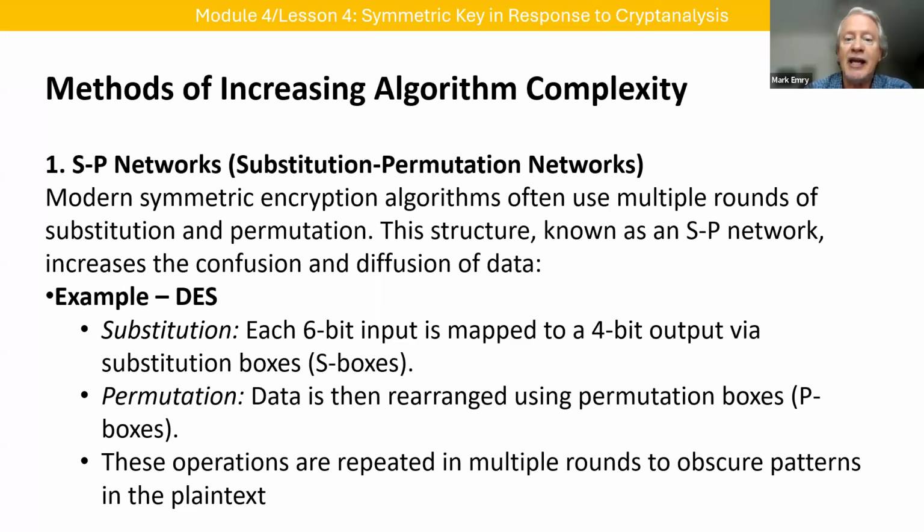More specifically, in DES, the data is divided into smaller blocks and passed through a series of transformations. In substitution, each 6-bit input is replaced with a 4-bit output using substitution boxes, those are the S-boxes. It also works with permutation. The data is rearranged in each round through a permutation box, or P-box, to further increase confusion.